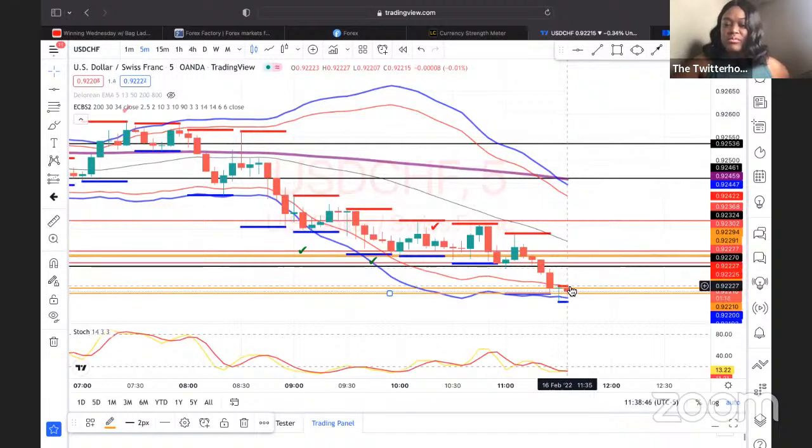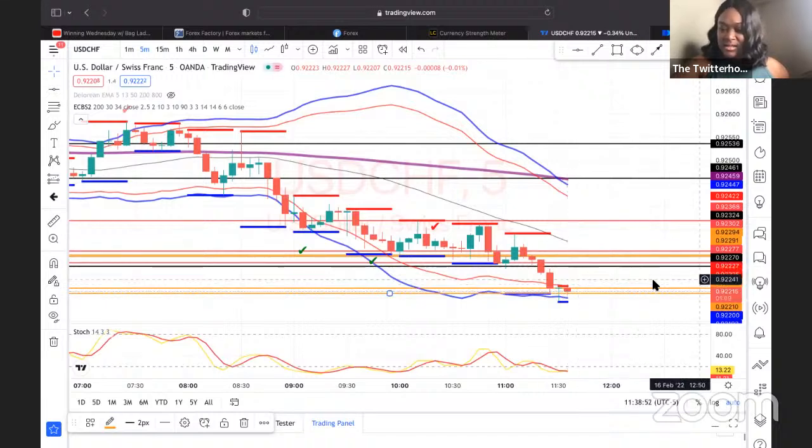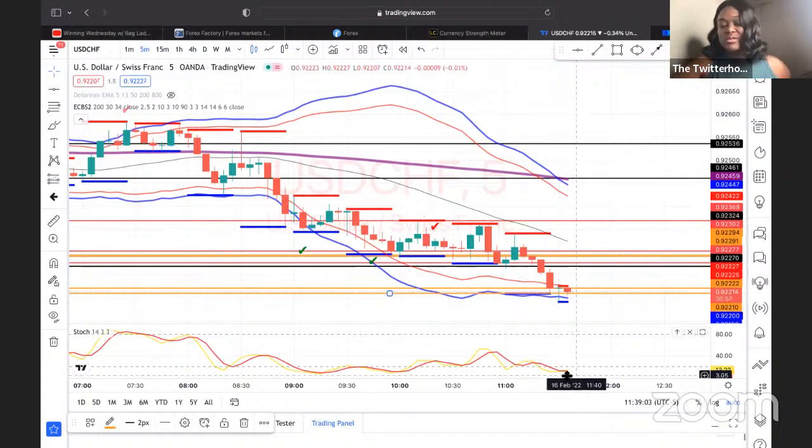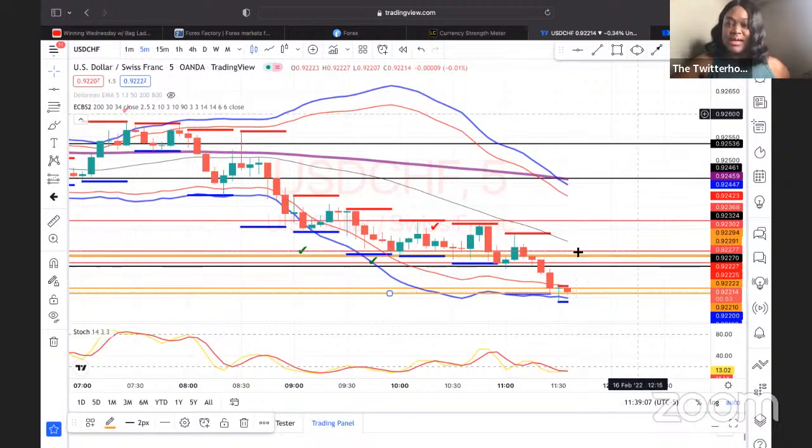So when price pulls back up here, I will consider taking a sell. So on USD CHF, 270 or above, I would look to sell. Right now it's oversold, so I have to wait for it to come up to do that.